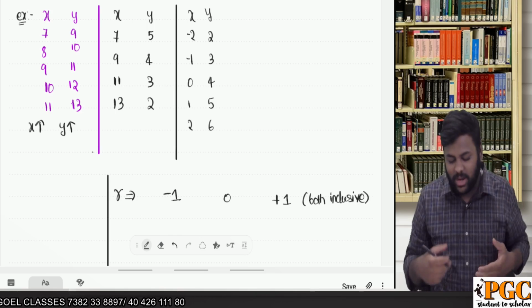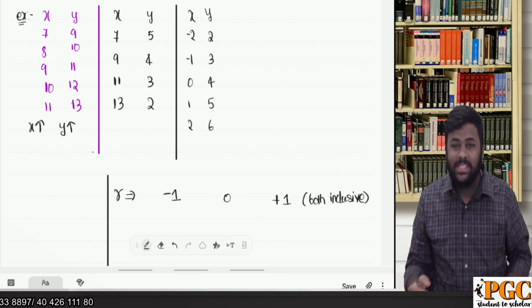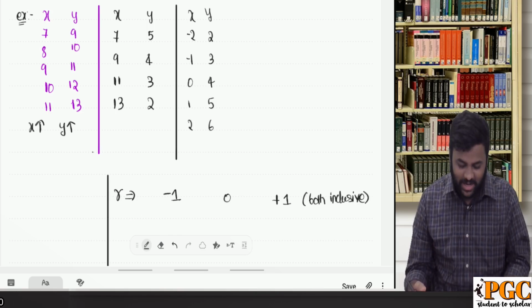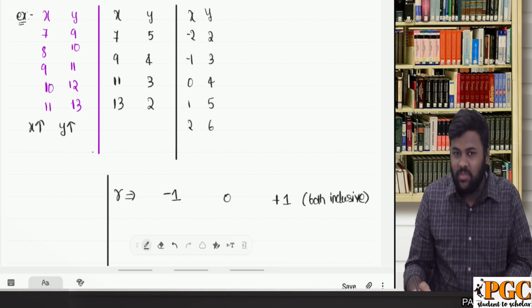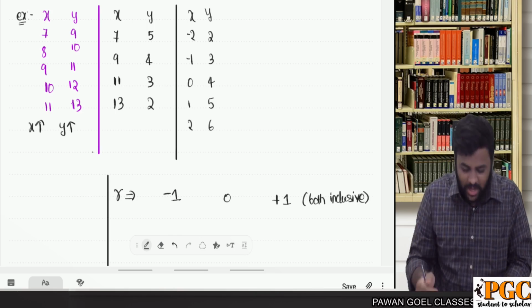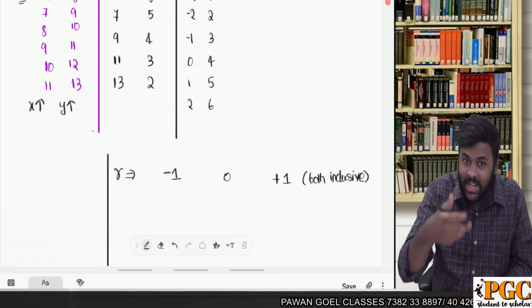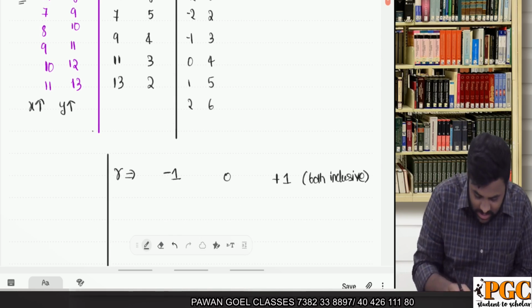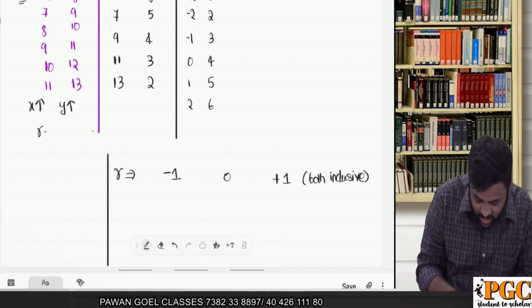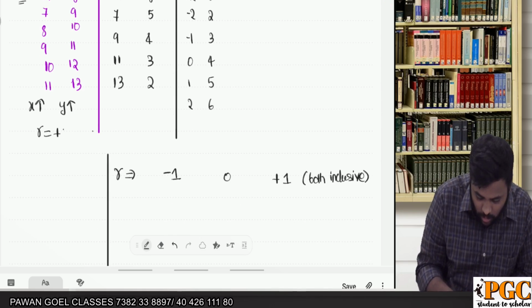In physics, you might say they are directly related, but in statistics, you cannot say that. Instead of saying directly related, I will say they are positively related. R is equal to +1.